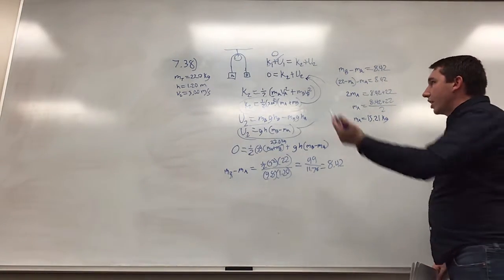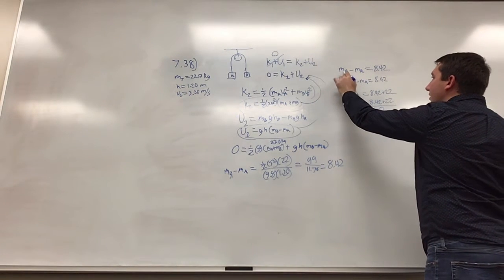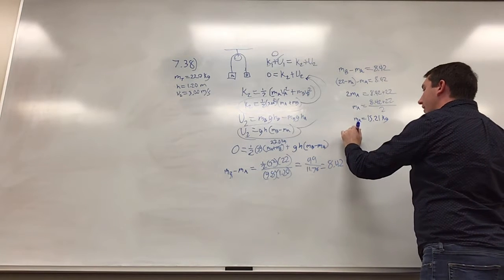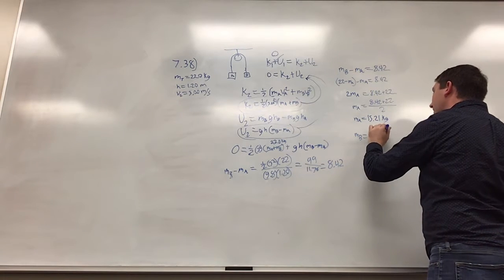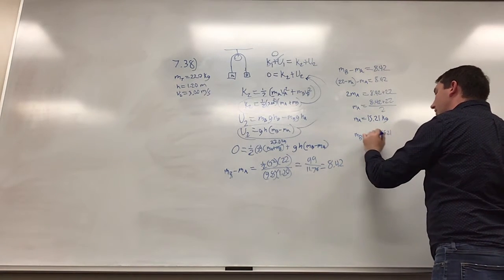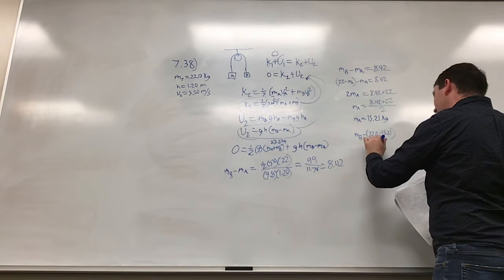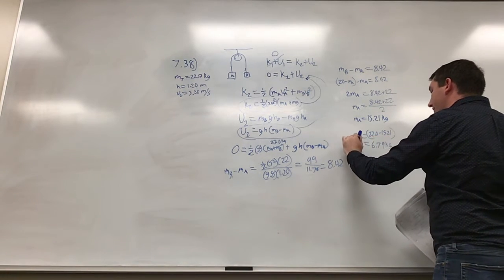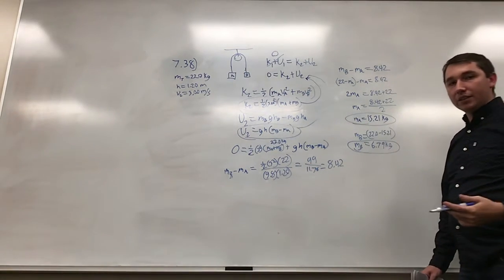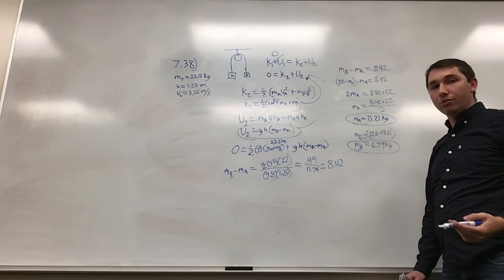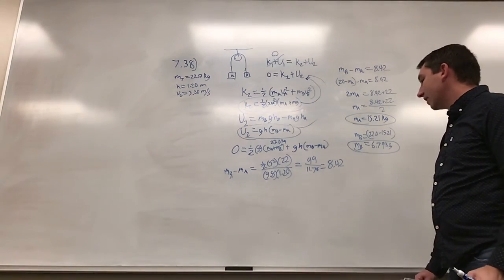We can then take that and subtract it from the total mass, because 22 minus the mass of A is equal to the mass of block B, and we get that the mass of block B is equal to 22.0 minus 15.21, which gives us a mass of 6.79 kilograms for block B. So block A is heavier and has a mass of 15.21 kilograms, and block B is the lighter one with a mass of 6.79 kilograms.